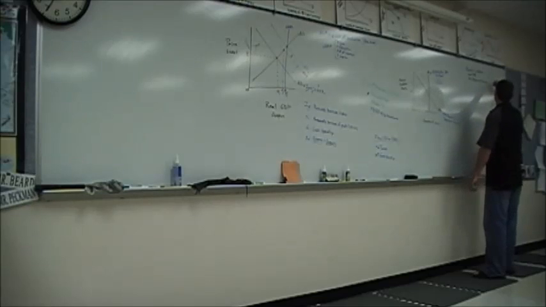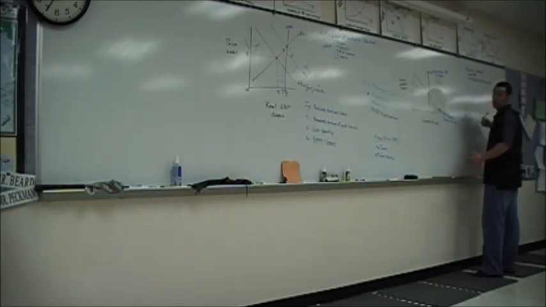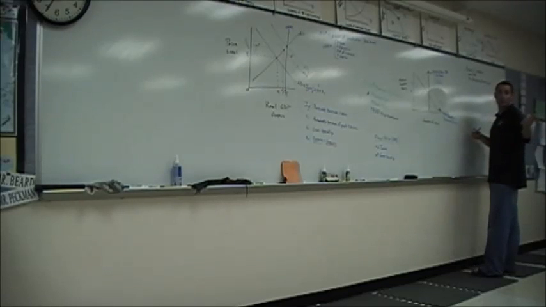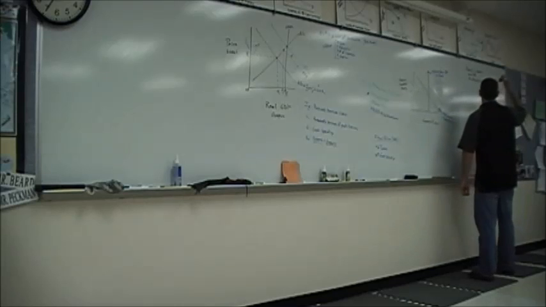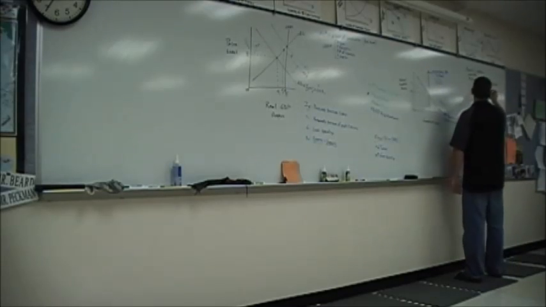What is expansionary fiscal policy? That would be increase. Go ahead. Oh yeah, go shout it out. Increasing government spending, increase government spending and or decrease taxes. So increasing government spending or decrease taxes.